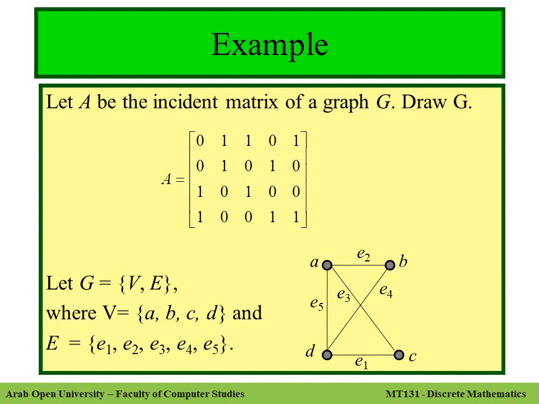Then go through each column, and it will tell you which vertices are connected. You draw that edge and label the edge. But the result of course will give you the graph. You started with the incident matrix and constructed the graph from the matrix.